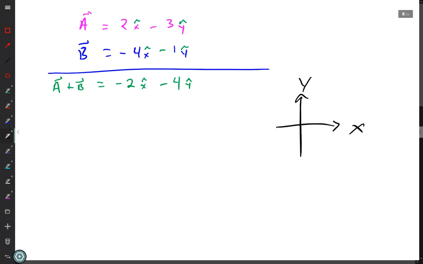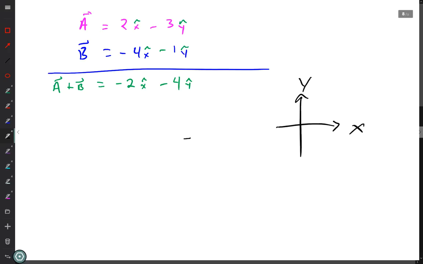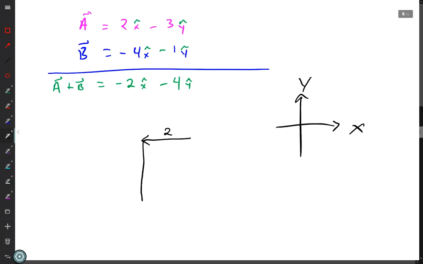How much does this go in the horizontal direction, in the x direction? Minus 2, which means that it goes which direction, left or right? Left. So I'm going to have going left a distance of 2, and then the vertical direction, how much distance and which direction? Down and 4. So there it goes down 4.